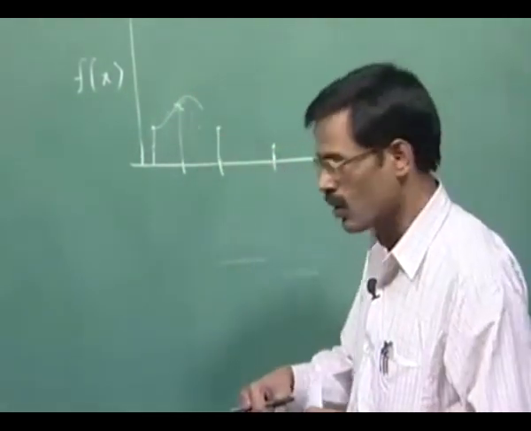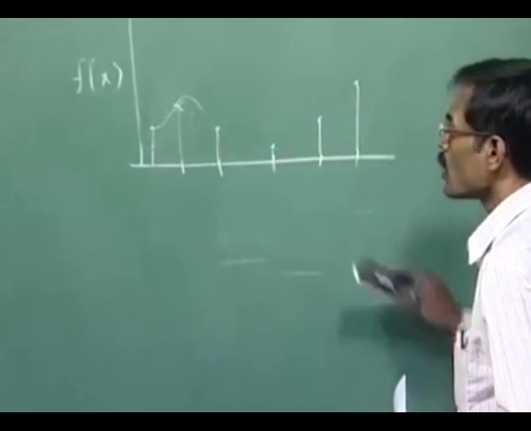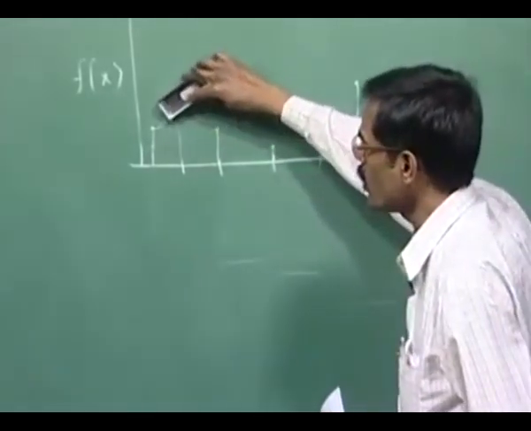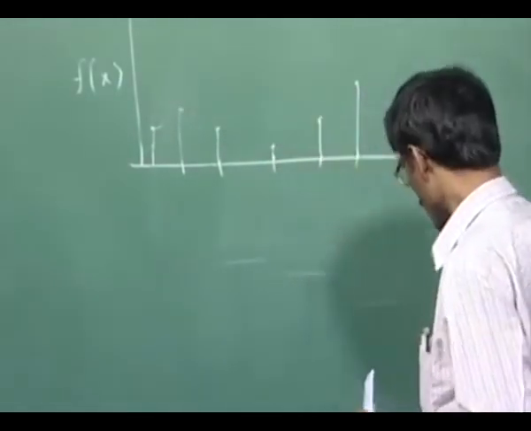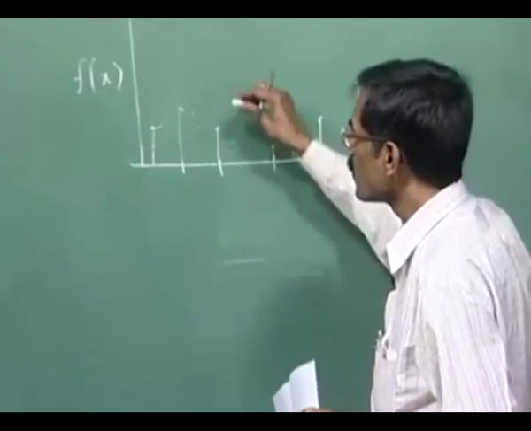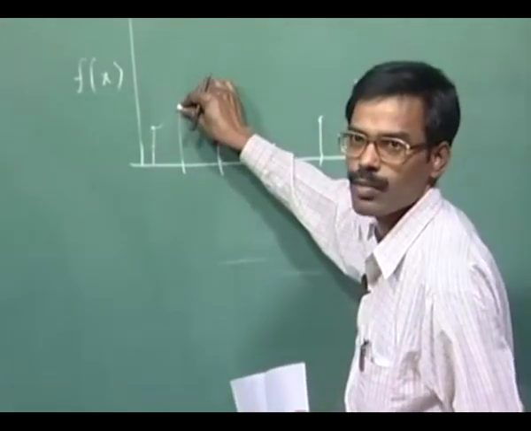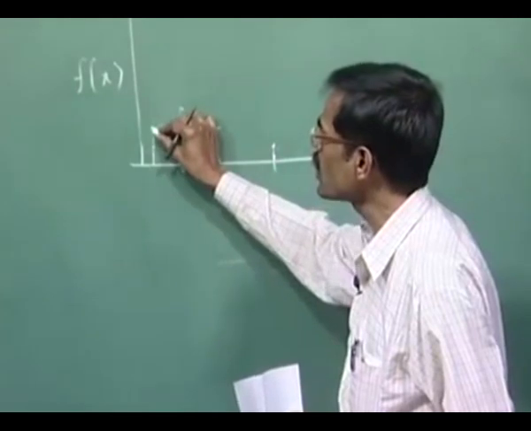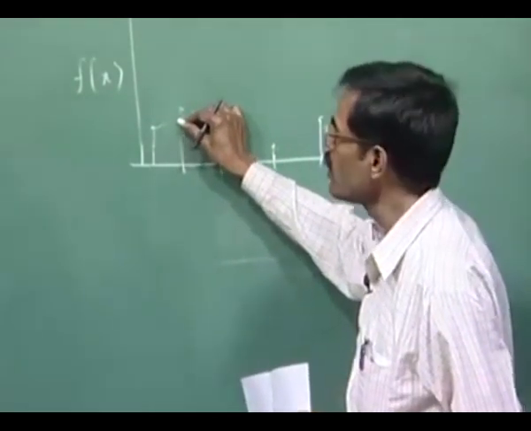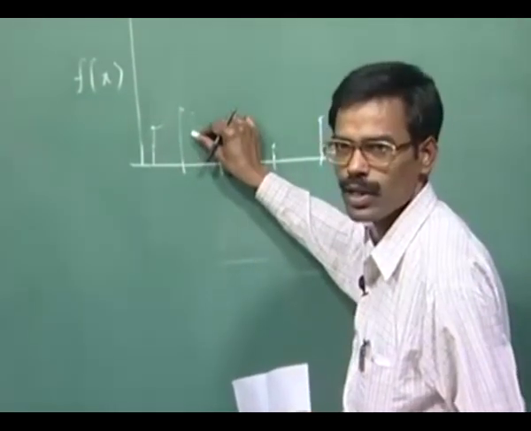Now that we want to omit that piece of data, all that we say is that we are going to demand first order continuity of derivative at this point. Whatever is the derivative here, we do not care. Similarly, whatever is the derivative on this side, we do not care.